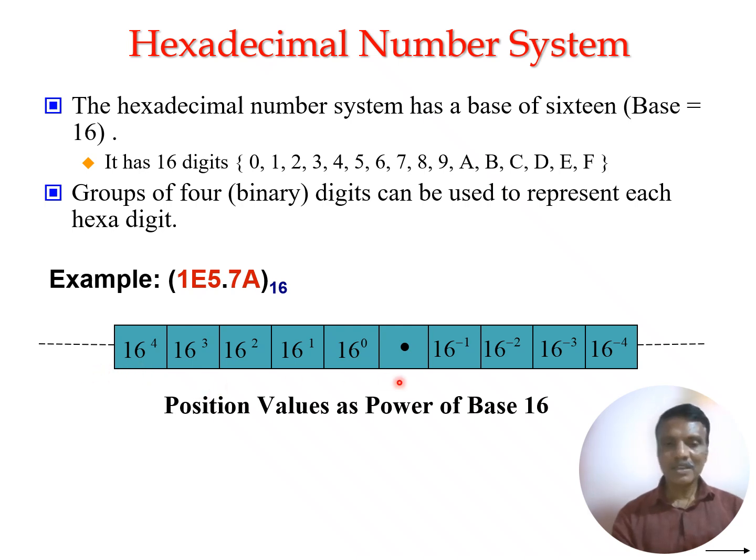Similarly, on the right-hand side of the fractional point, 16 power minus 1, the next position's weightage is 16 power minus 2, then 16 power minus 3, 16 power minus 4, and so on.